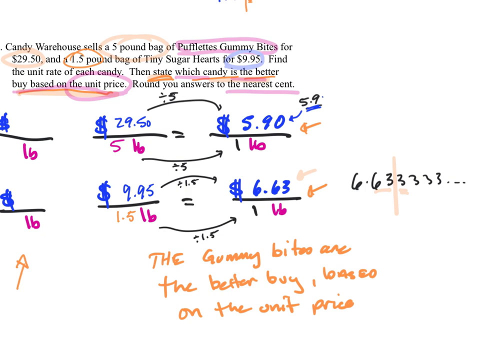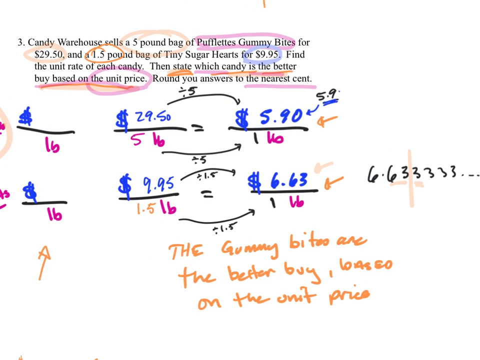And they say state, so as soon as they say state, you got to write out a sentence. But notice, all I did, the gummy bites, so I put that in because I'm making a choice, right? And then are, that's a form of is, the better buy based on the unit price.